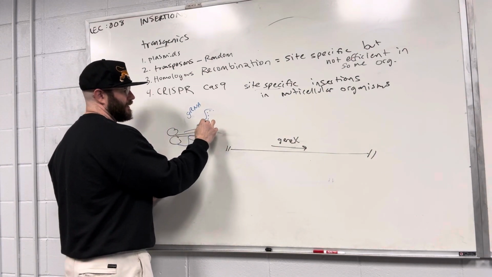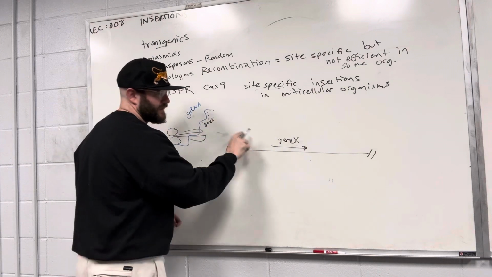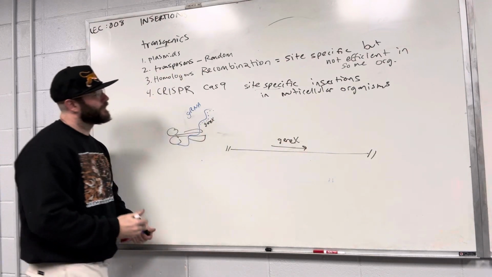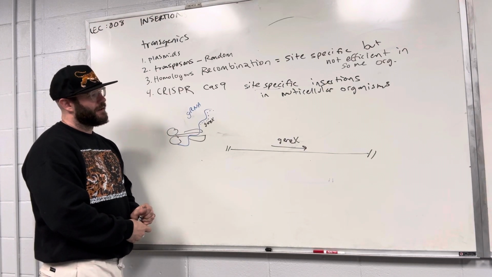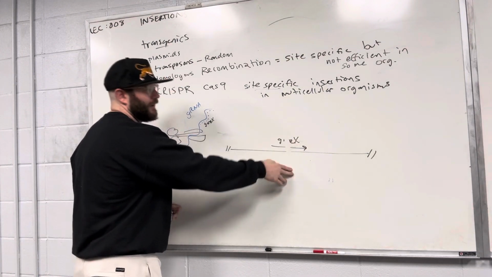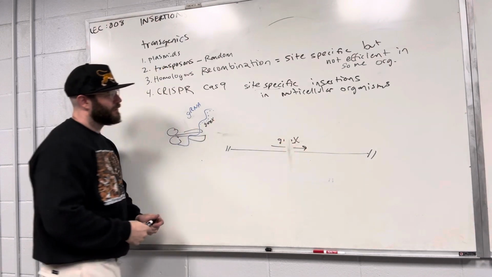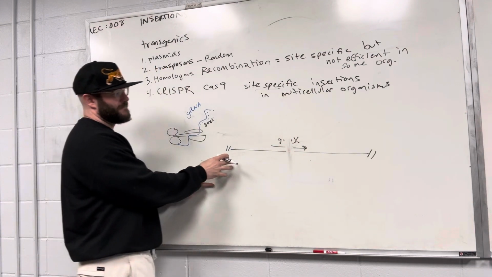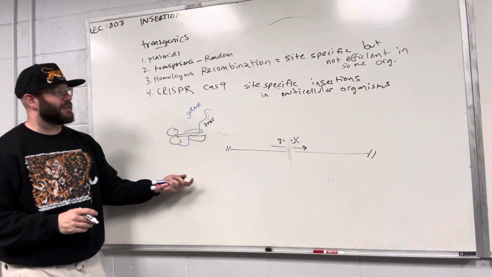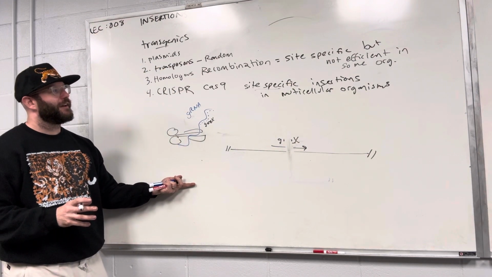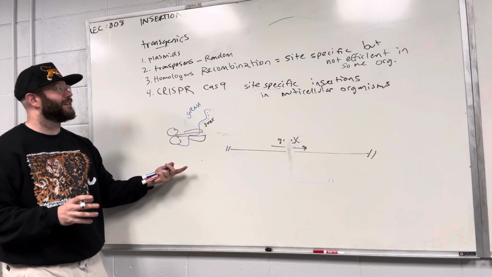So this is essentially a sequence that's going to match that, okay? So then where's it going to cut? Should cut right here. So you'll get a cut right here, okay? Once you have cut DNA, guess what the cell does to try to repair it? It's on the board.